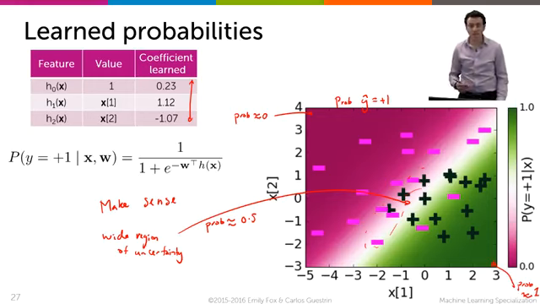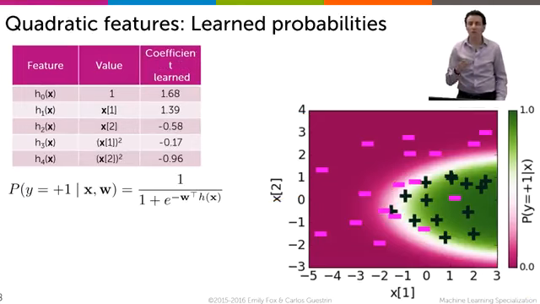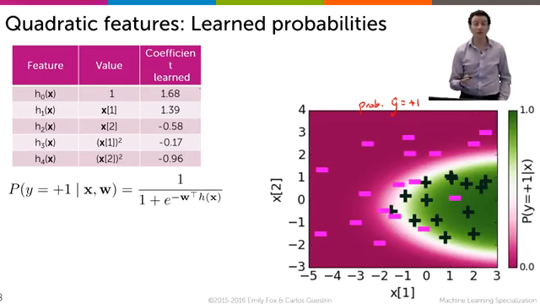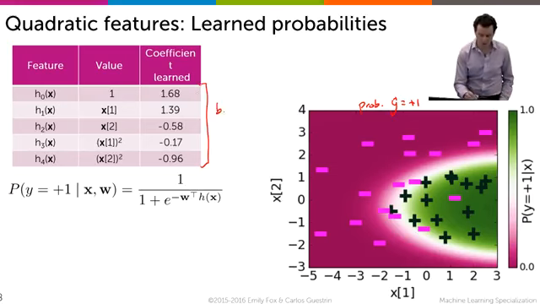Now let's look at the degree 2 polynomial fit. What happens if we use degree 2 polynomial features, or quadratic features, and learn the same classifier as we learned a few slides ago, but again plot the probability that y hat equals +1? As we saw a few slides ago, we believe that this quadratic fit was actually a better fit to the data.